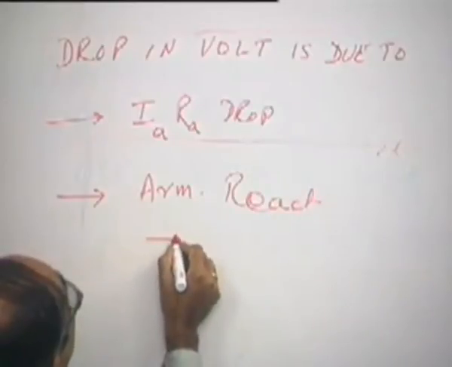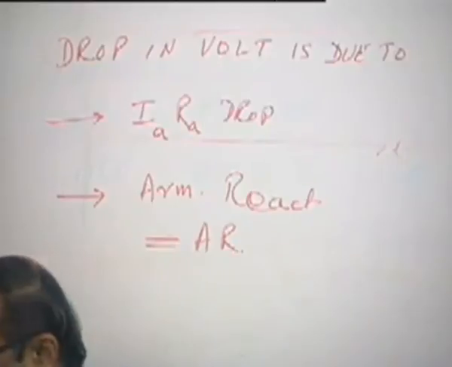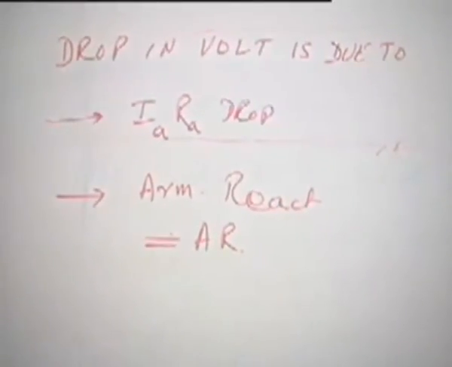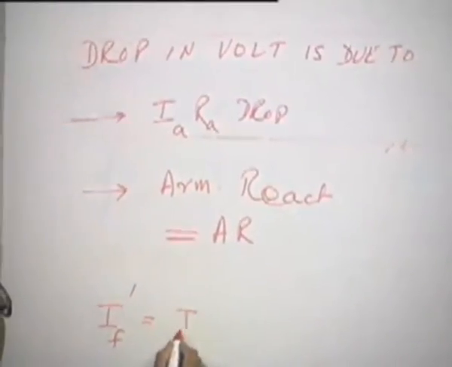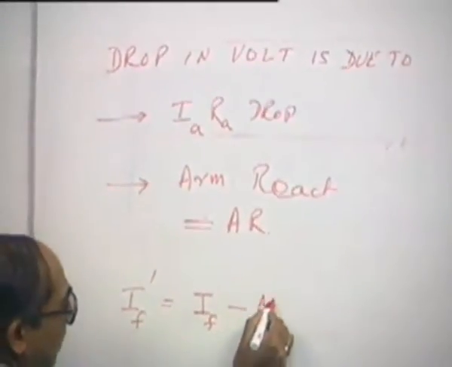Let us say AR. So the net MMF will be, let us say, IF dash, which is the actual field current IF minus the armature reaction.